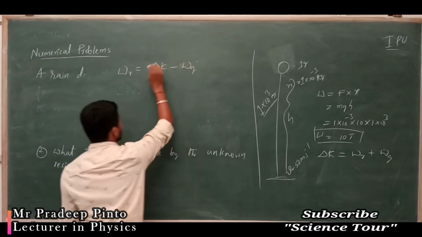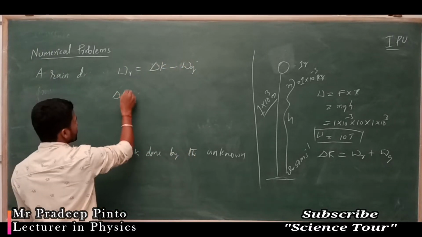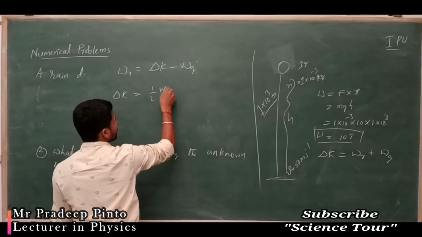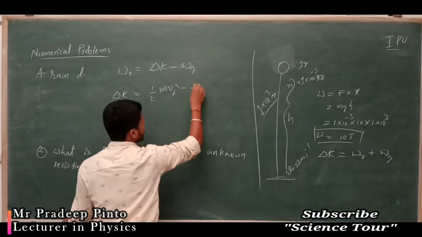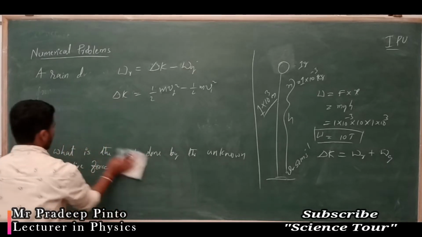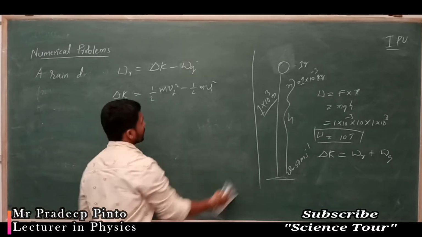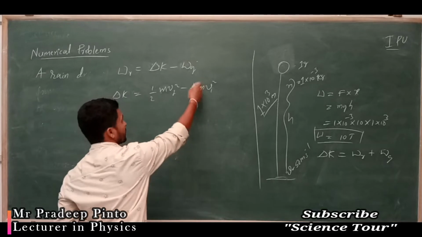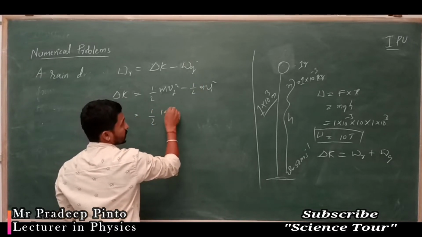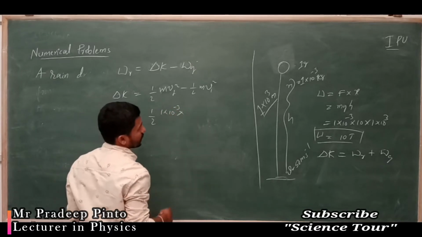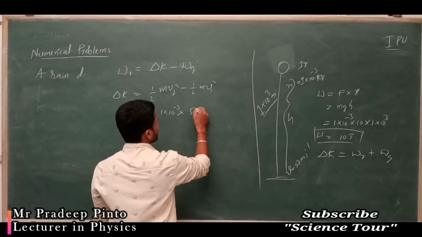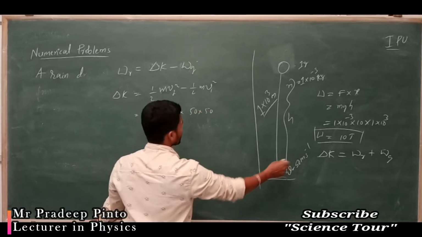This we know. What is delta K? Change in kinetic energy means final kinetic energy, half m vf square, minus initial kinetic energy, right? But the initial velocity was zero, so this term becomes 0. Final means half into m, which is 1 into 10 to the power minus 3, into vf whole square, which means 50 into 50 meters per second.